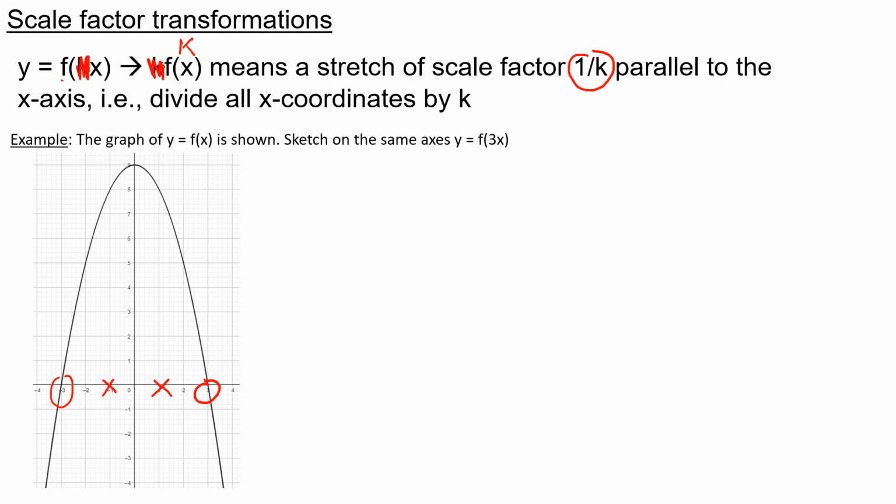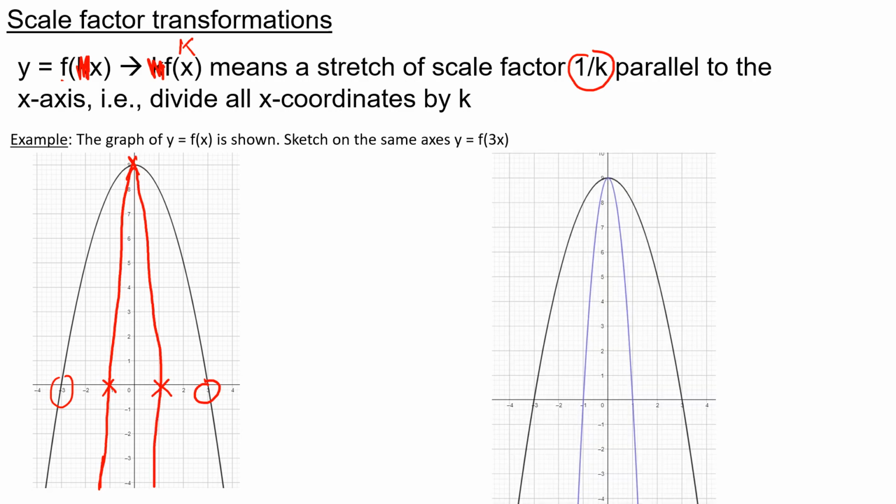At the turning point, or the maximum point, the x-coordinate is 0. 0 divided by 3 is still 0, so that's going to be unchanged. So we can see that the graph will look something like this. As you can see, it's had the effect of squashing the graph, if you like, but it's still called a stretch. The transformed graph is in blue in the neater diagram.